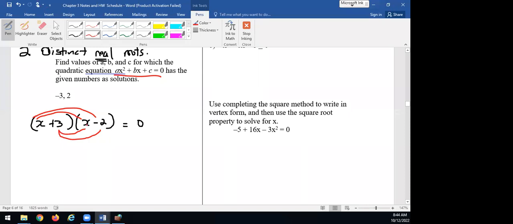X times X, X squared, X times minus 2, 3 times X, 3X, and 3 times negative 2, negative 6, and that's equal to 0.